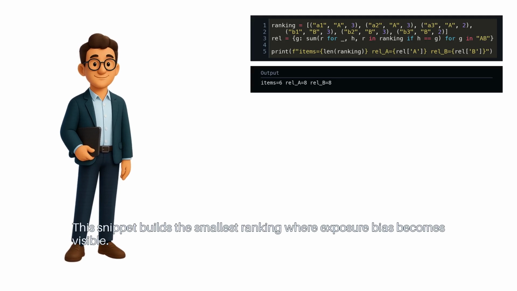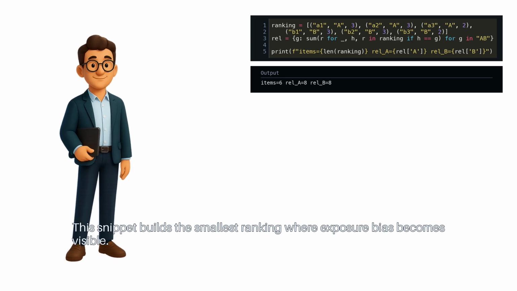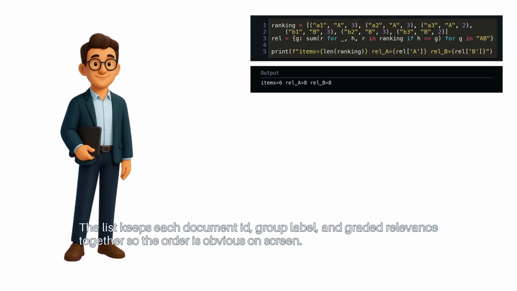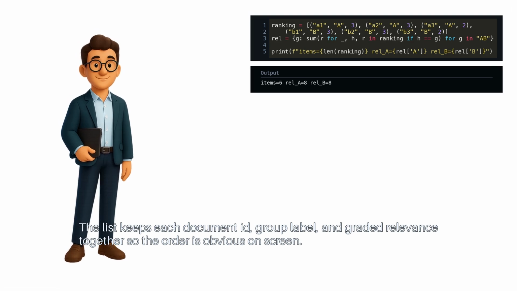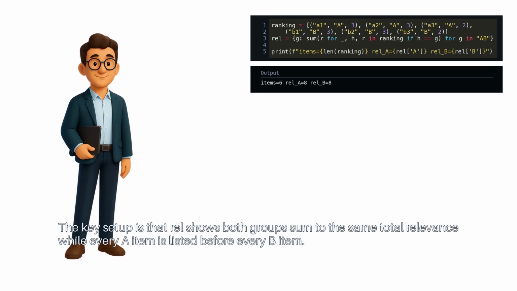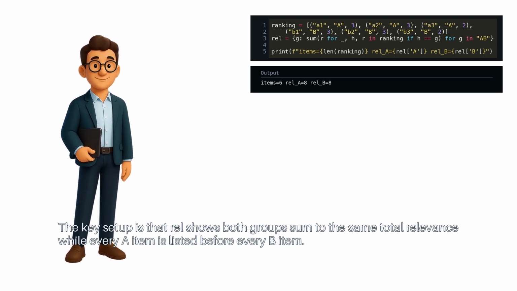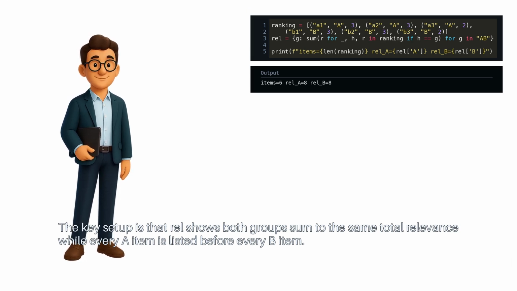This snippet builds the smallest ranking where exposure bias becomes visible. The list keeps each document ID, group label, and graded relevance together, so the order is obvious on screen. The key setup is that rel shows both groups sum to the same total relevance, while every A item is listed before every B item.